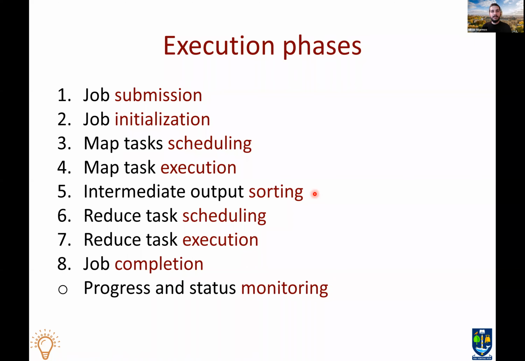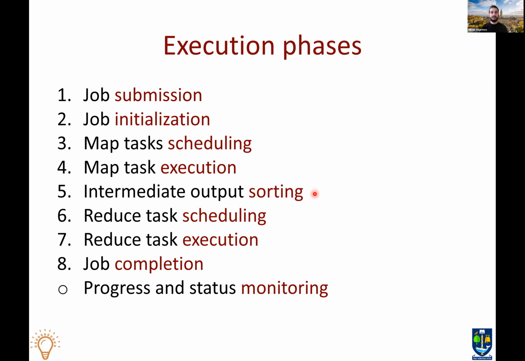On the side, job trackers and task trackers monitor the progress and the status of the job. So the task tracker monitors the tasks that are executed locally, whatever processes or threads it has spawned to execute the tasks. And every now and then it will inform the job tracker of that progress. And then the job tracker monitors progress and status of everything across all the task trackers.